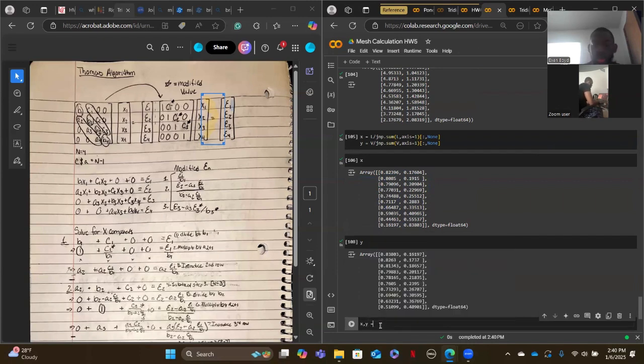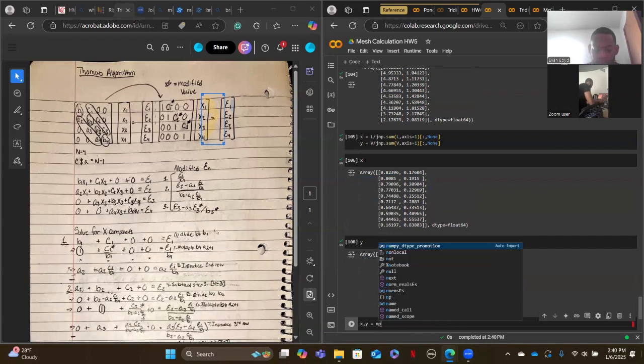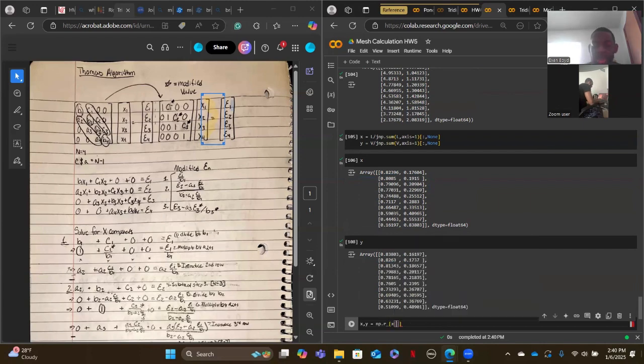So we'll just do X, Y, and this is equal to np.array, np.r_, because we're doing np.r_, and we do it for the X, and we'll take everything, all the rows.